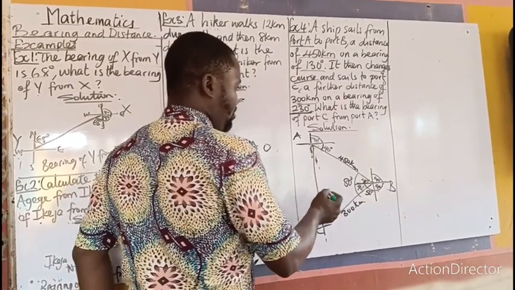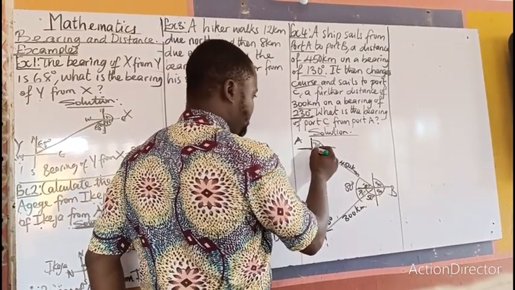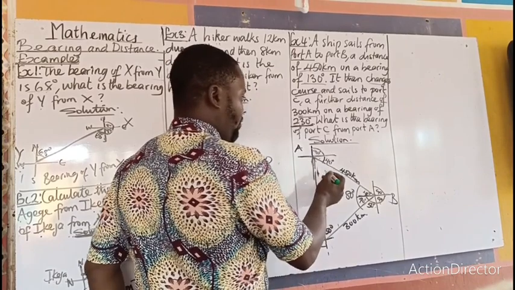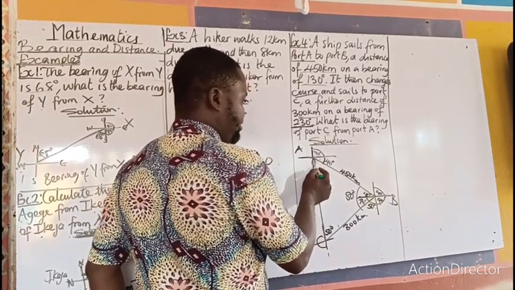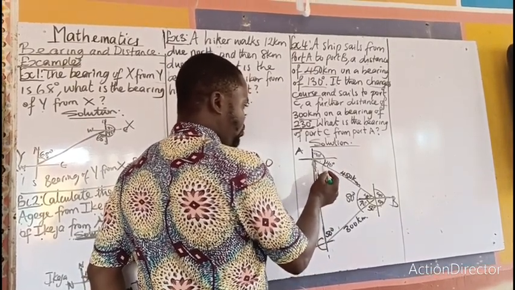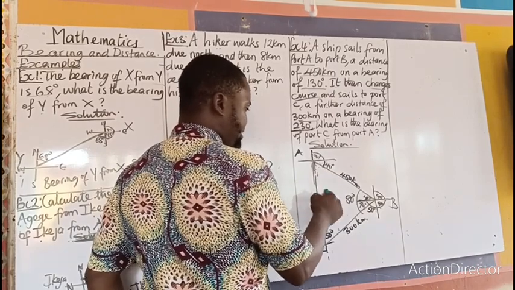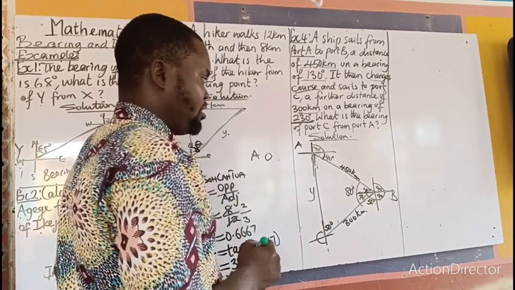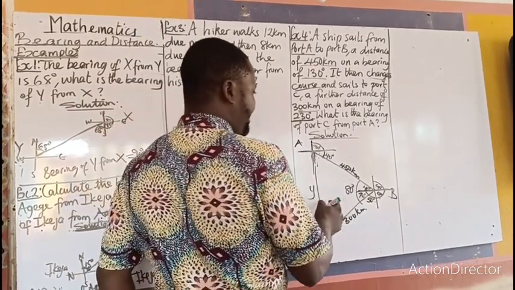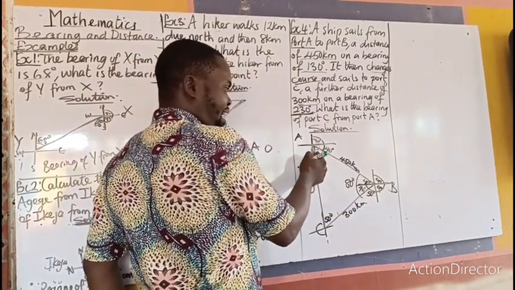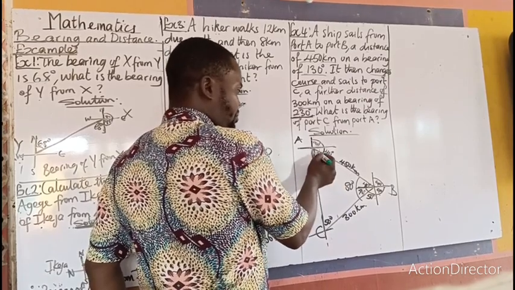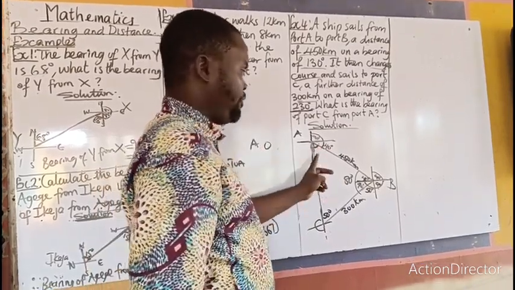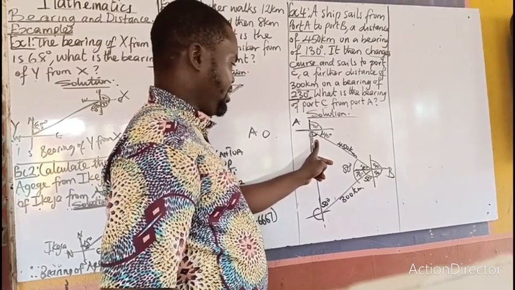Okay? Now, from here to here is 90 degrees. We want to find here. But before we do that, let's know this one first. Why are we knowing it? We want to know it so that it will help us to be able to find this angle. If I want to use my sine rule to find this angle, I may not be able to get it. This is what I'm saying.